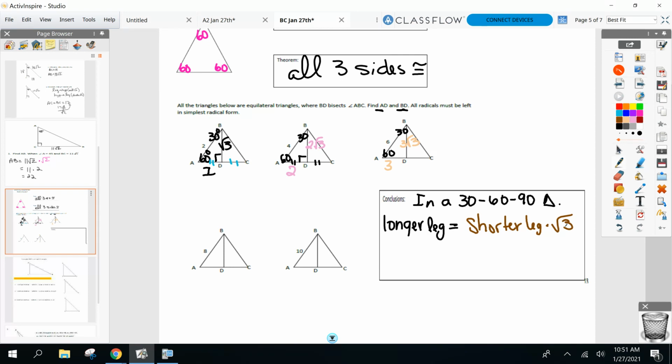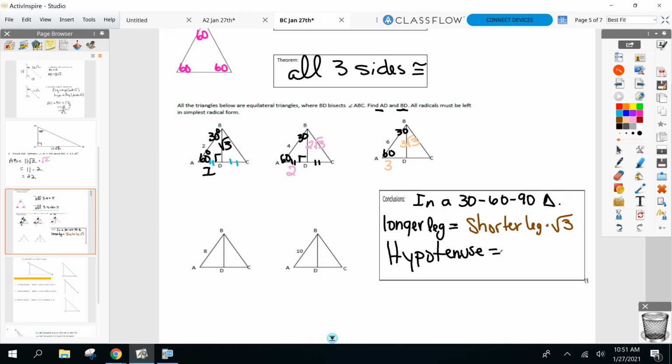Hypotenuse, kids. How can I find the hypotenuse? Look at the hypotenuse. 2, 4, 6. Anything I can do with the shorter leg to get to the hypotenuse pretty quickly? Come on now.